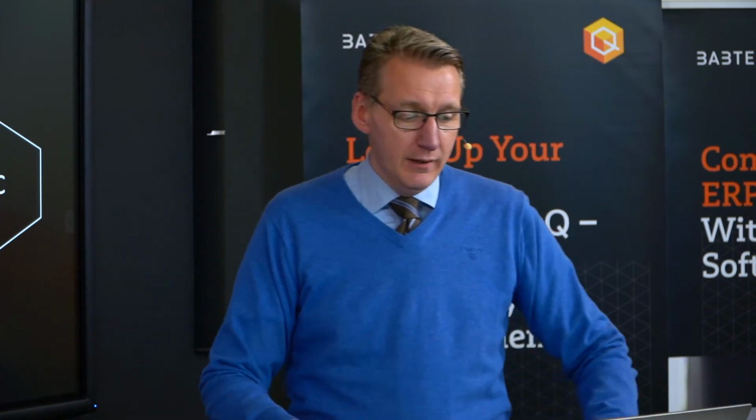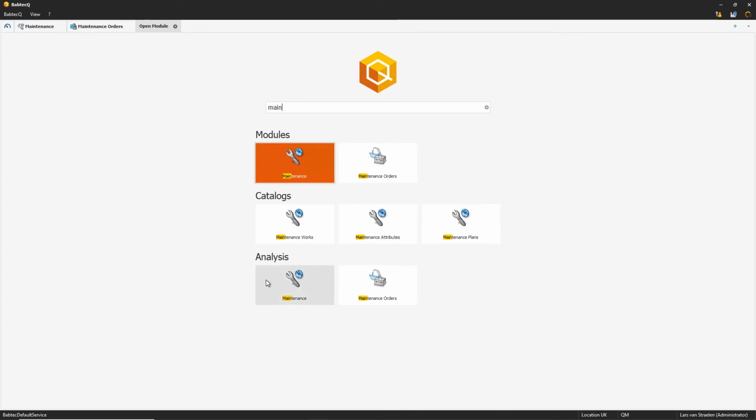Now that's a good approach here. Now I'll switch back to my Babtec software itself. So go to BabtecQ again, switch to the list of modules, search for maintenance again, and a standard functionality we ship to you connected to the maintenance module is the analysis part.